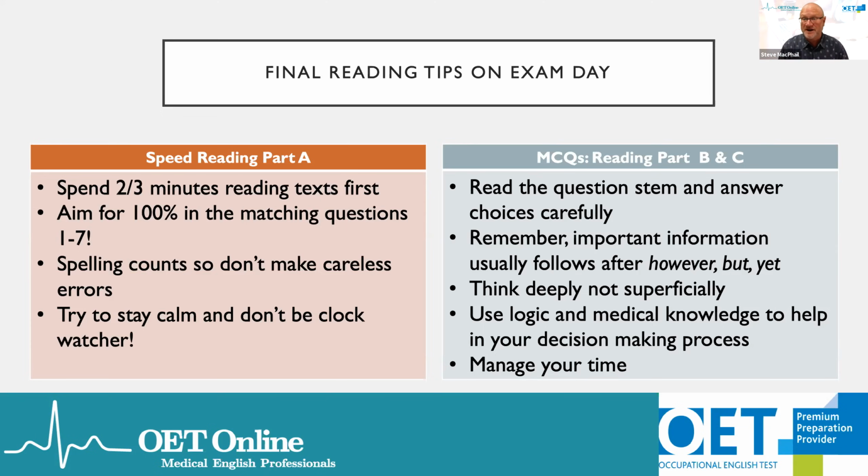For part B and part C, like we just saw, read the question stem and the answer choices carefully. Make sure you understand what's being asked. Then remember, important information often follows words like however, yet, or but. Watch out for sentences that contain the word although. So complex sentences, and remember, in complex sentences, there is an independent and dependent clause.